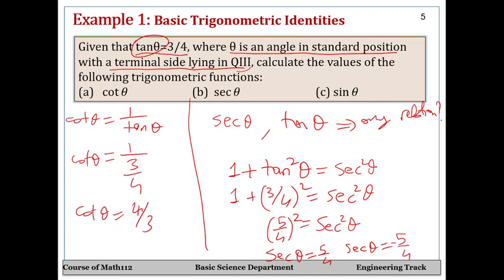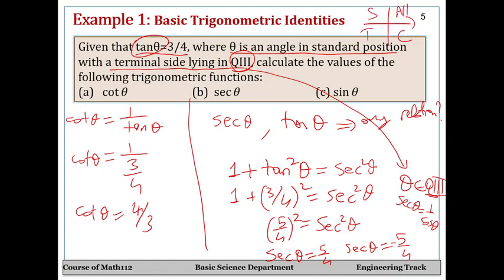But here comes the question, which one? Here we want to use the given: theta in Q3. We know it, right? Theta in Q3 means secant theta, which is 1 over cosine theta, is what? If you remember, All Students Take Calculus, and we're talking about the third quadrant. The cosine is negative. Cosine negative means 1 over cosine, which is secant, is negative.